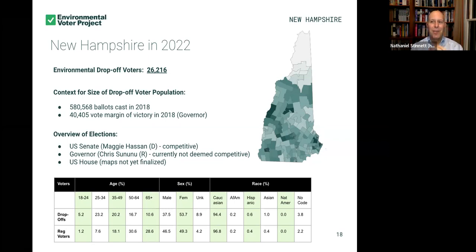And so you'll notice that we're missing a lot of data on voter age here, which is odd, but it just is what it is. But we do have a pretty complete set of voter sex data. And here, once again, you see that enormous gender gap, that huge gender gap.